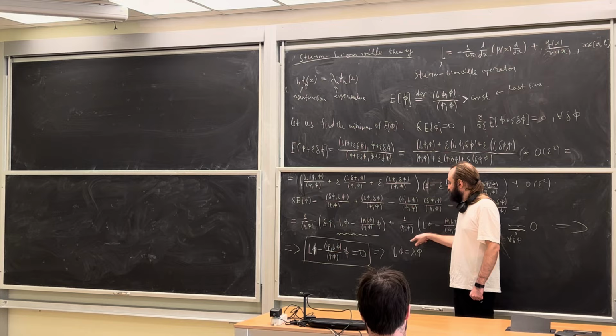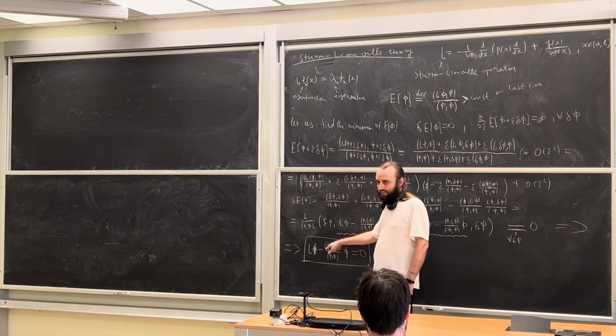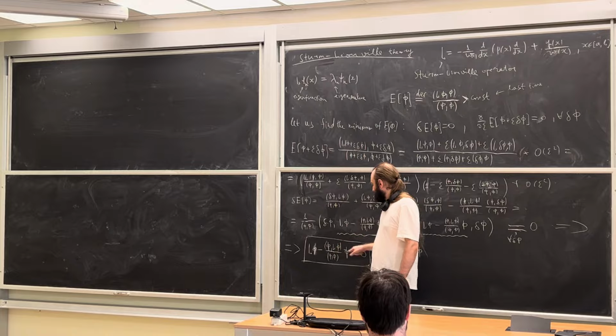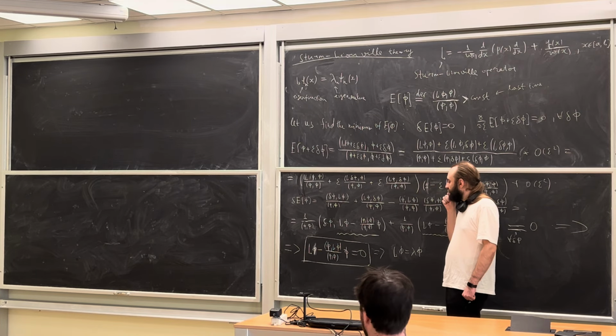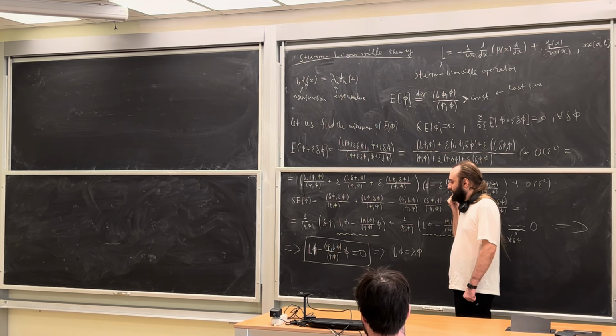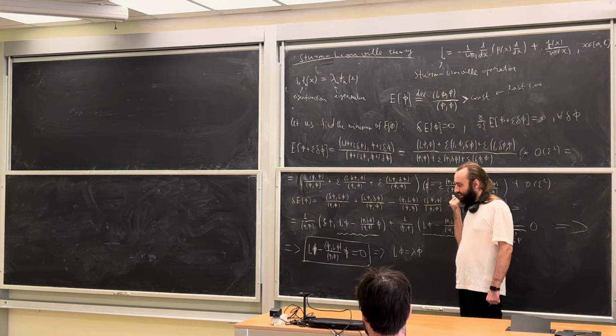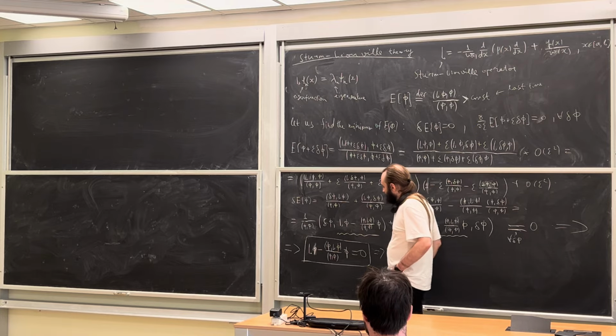We see that phi should satisfy this eigenvalue equation. But then the question is, is it consistent with the equation itself? Because will this number actually equal lambda? Yes, because L phi will be equal to lambda phi. Lambda goes out, and then the two scalar products cancel out. Yes, thanks.